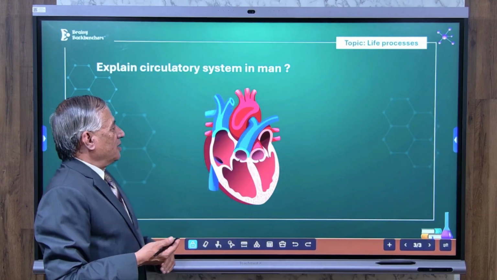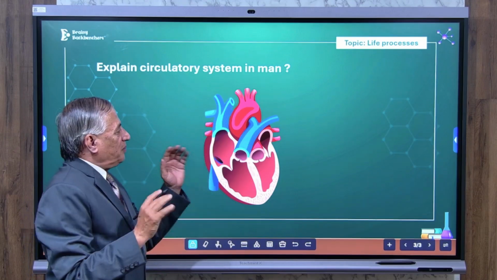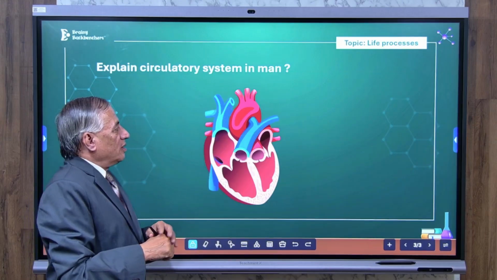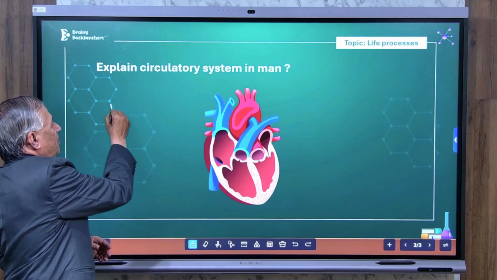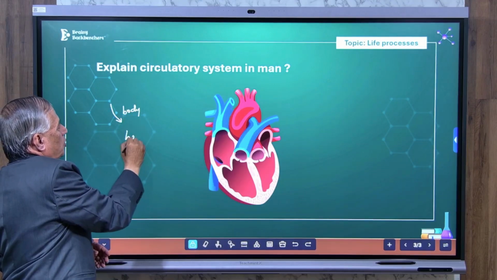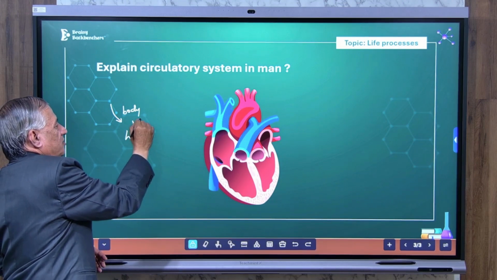You can see the ventricle section bit by bit. I will tell you two things you have to remember. There are two types of vessels. Vessels which bring blood from the body to the heart are called veins.